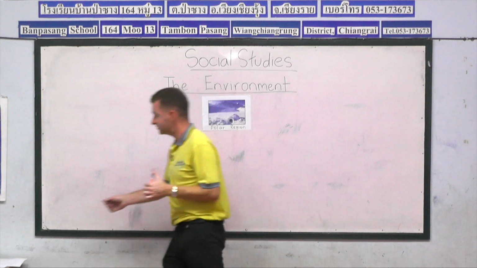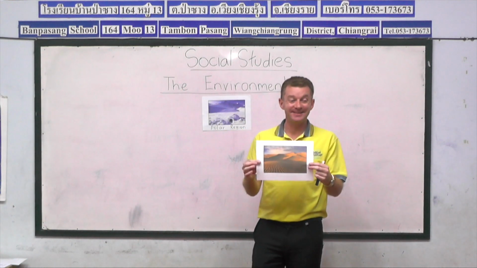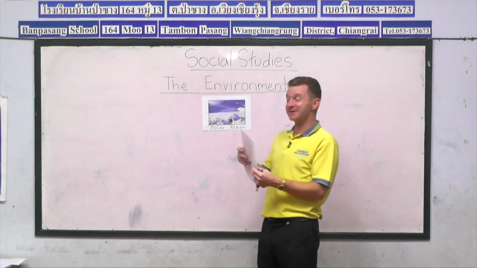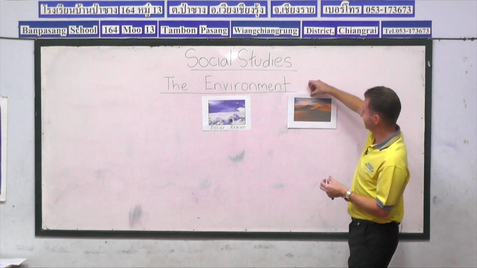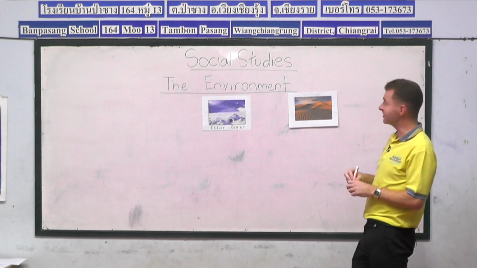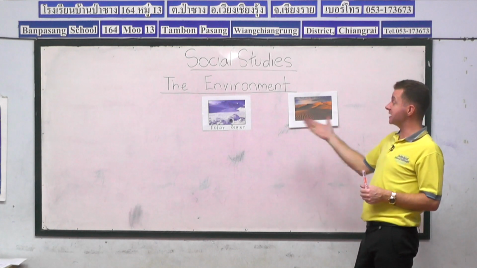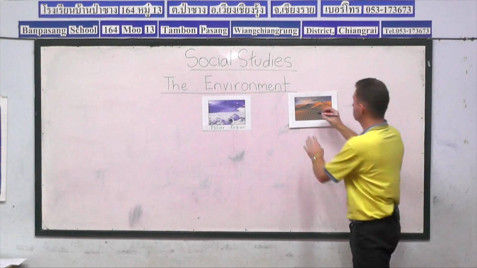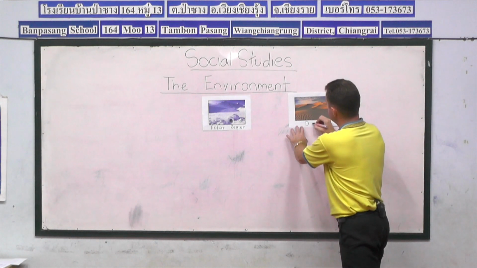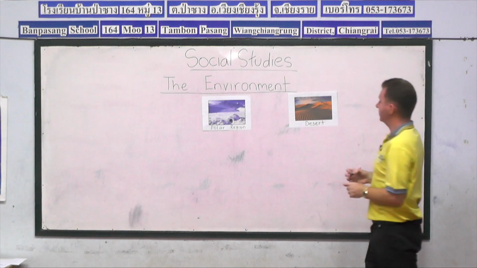And now, our next natural environment that we have, not a polar region, this one. Lots of sand, begins with D. Desert, well done, yes. This is the desert. Is it the same as the polar region? No, you can see how they're different. Are they natural? Yes, both natural environments, but different. And this one, desert, D-E-S-E-R-T.